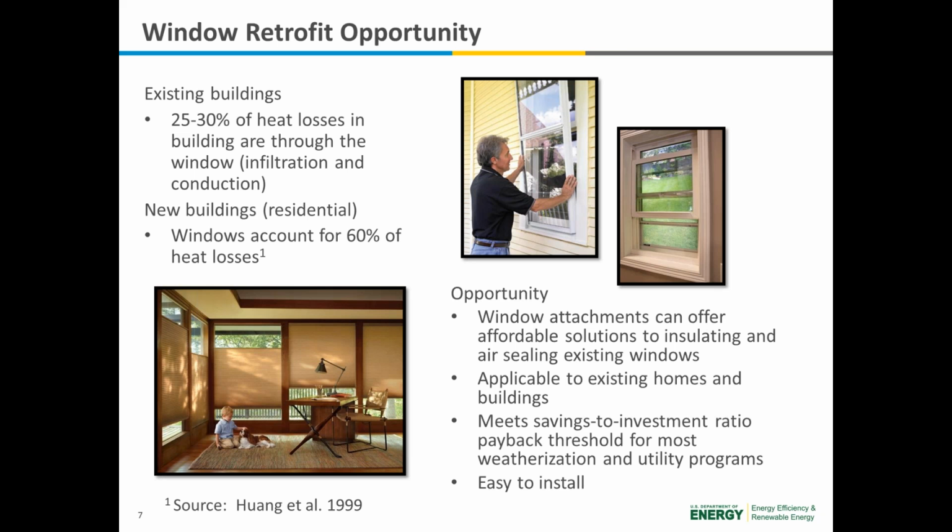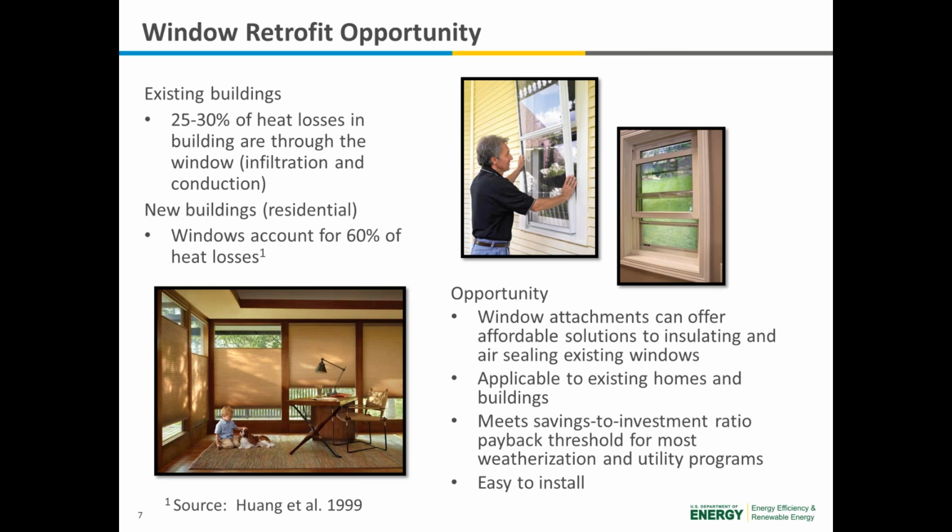It's also interesting to note that when you take a look at newer buildings, which they did as part of the component load studies, and you tighten up the shell quite a bit, bring the insulation levels in the roofs, walls, and floors up to a code level, even improve the window to a low-E double pane window, you still have on a component load basis those windows accounting for about 60% of your heat losses in a building.